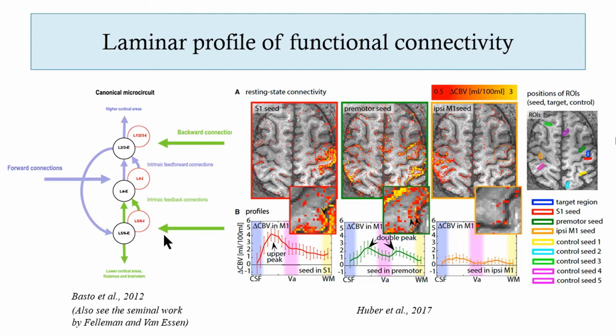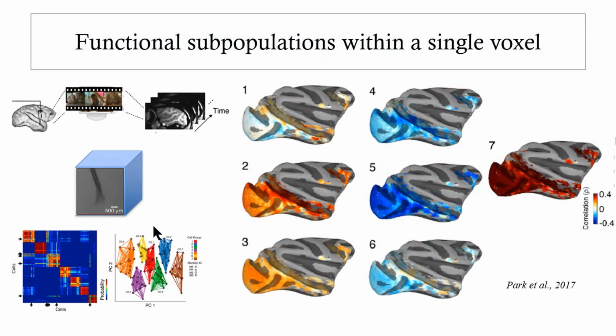I think this is very interesting, and there needs to be more work done in this area. Now, if we give a further push, let's say we look at a single voxel, in this case there's only one single signal if you look at a voxel with fMRI.